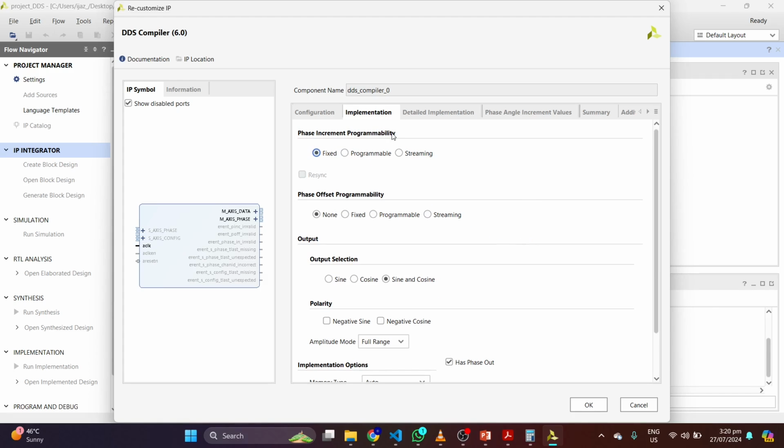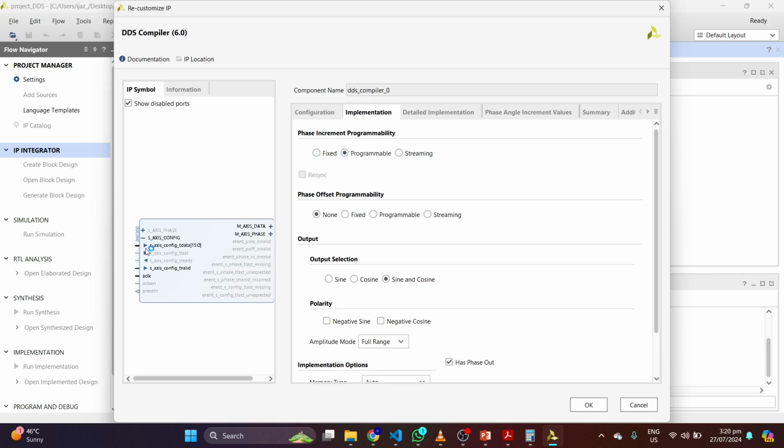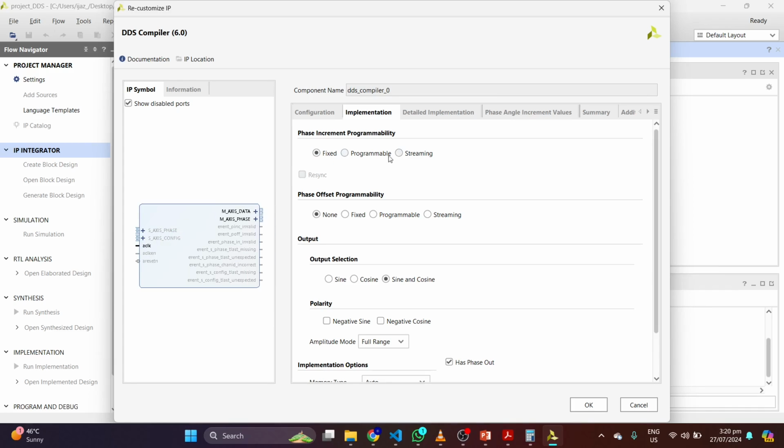I will keep it fixed phase increment. If you make it programmable, then you can change the frequency in real time. There will be an option to change the phase increment in real time. So I will keep it fixed for now.